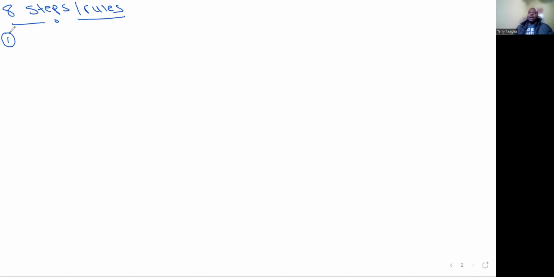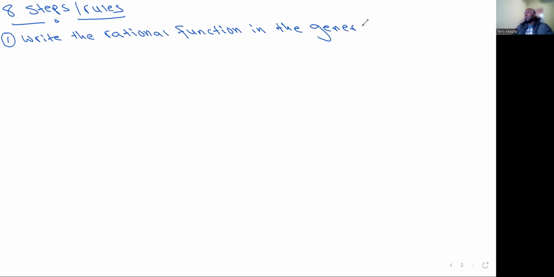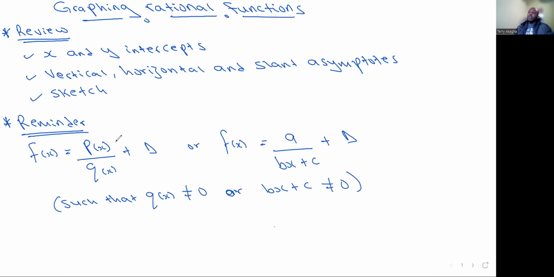So the first one is that you have to write the rational function in the general form. So remember the general form, p of x divided by q of x plus d, and a over bx plus c plus d. So you have to write this in the general form.